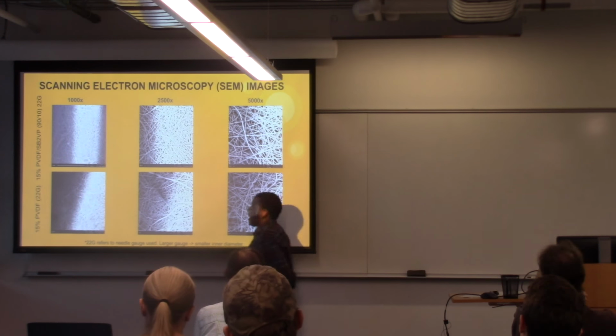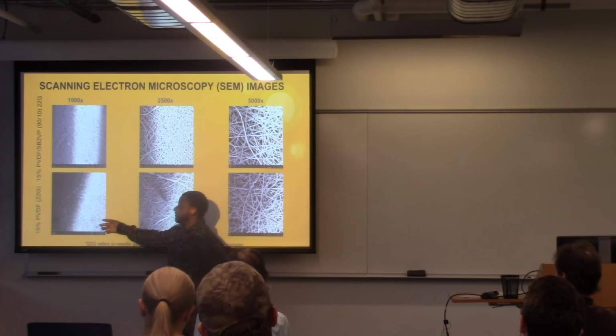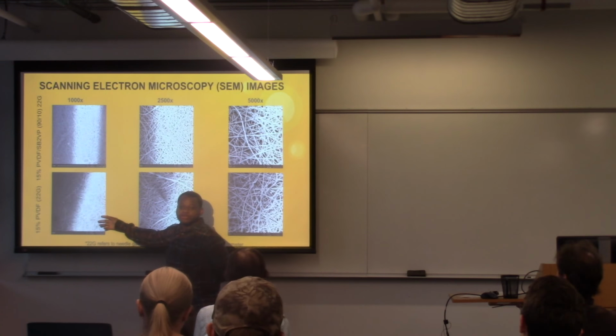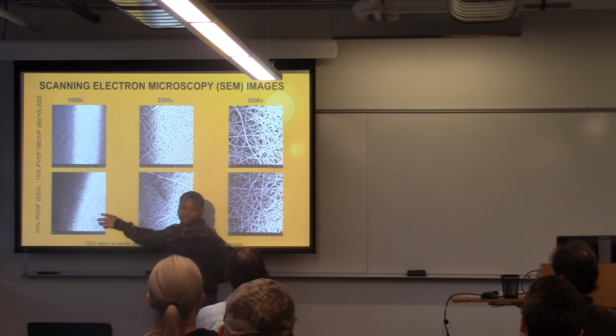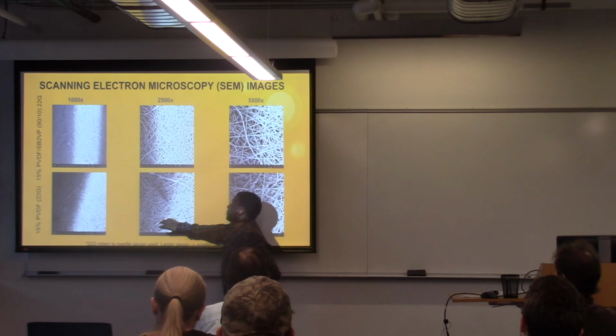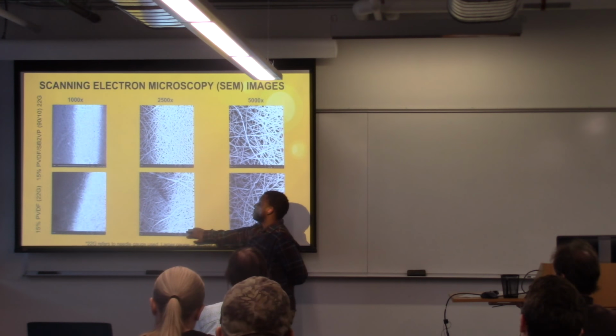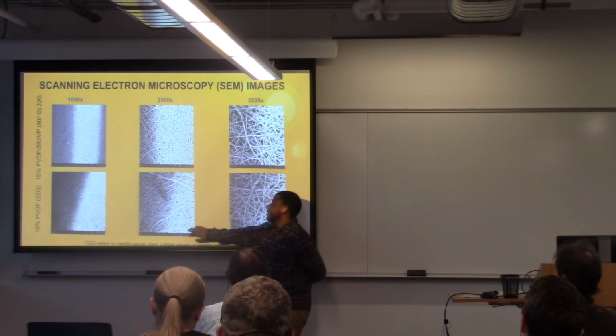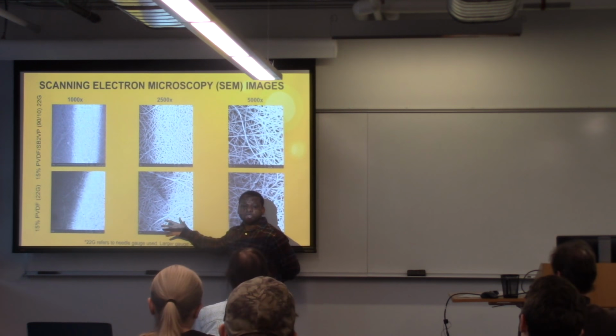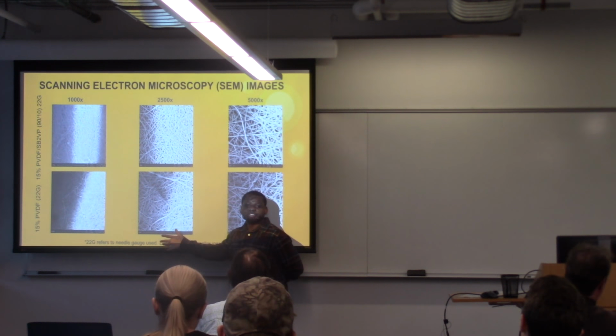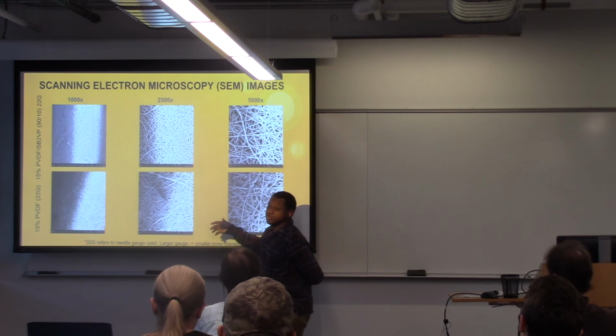At 10x, you can see that the fibers look really far apart; you probably can't see the fibers visually. Then we go to 2500. As you can see, the fibers look a little closer. You can probably distinguish the individual fibers just by looking, though you probably have to look really hard.